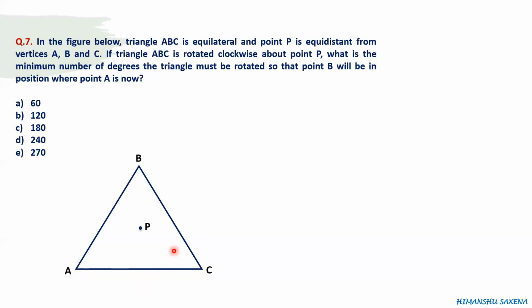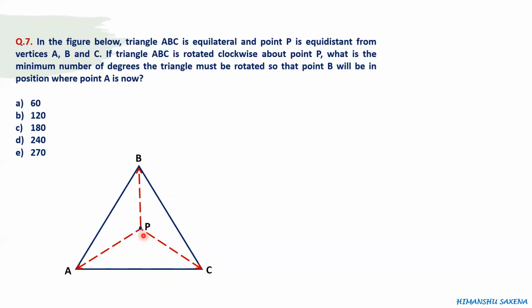So now let's see how to solve this. So first of all, PA, PB and PC, these are equal sides, because P is equidistant from ABC. Now when you draw these three sides, then these three triangles are formed: APB, BPC and APC. These three triangles are formed, and these three triangles are congruent to each other.